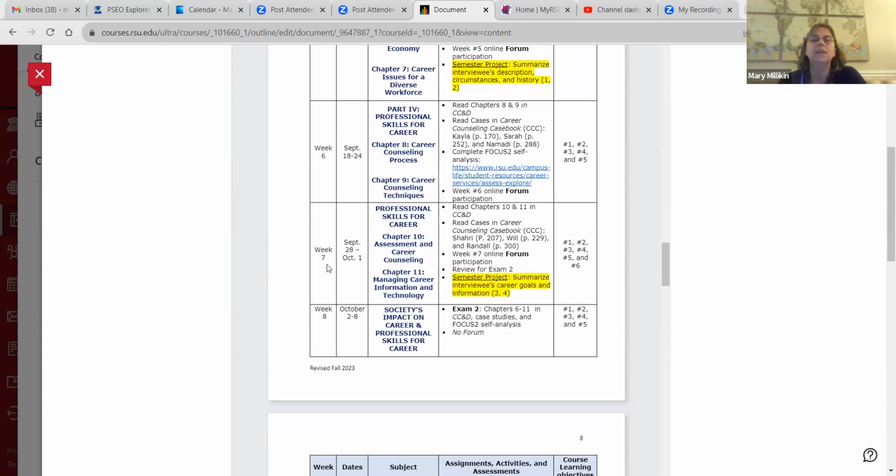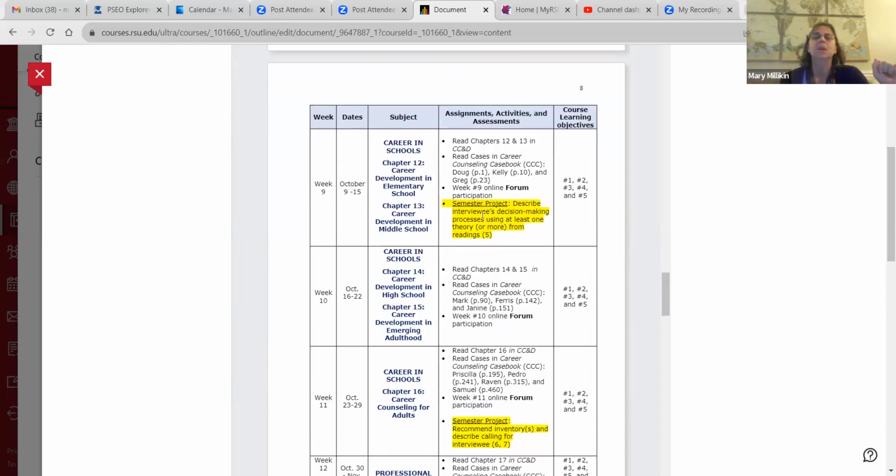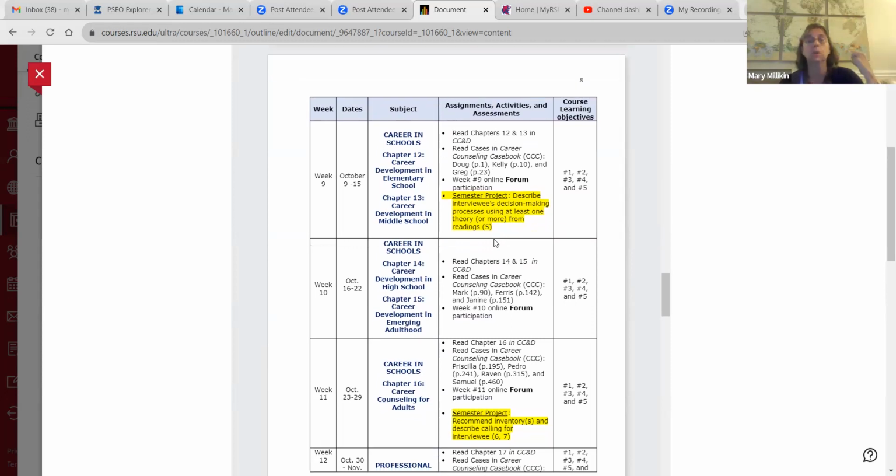By week 7, you want to have summarized their career goals and the information, because then you're almost halfway through the semester. Week 8 is exam 2, and then you're halfway through the semester. By week 9, you want to start describing their decision-making process and applying the theories that by then you'll have learned quite a few.